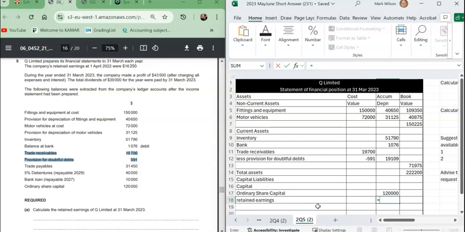So it equals, don't write it in here because we've got to do a calculation. 16,250 is our opening balance. So our retained earnings are our opening balance plus a profit minus the dividends we've paid.